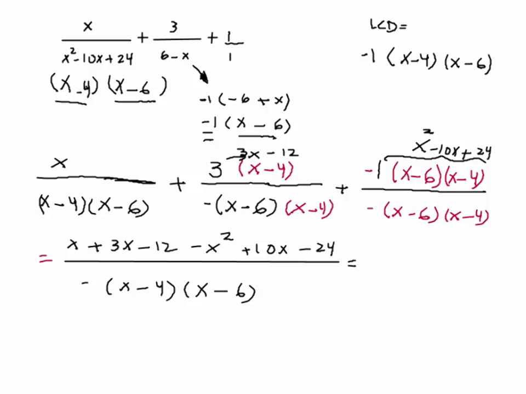Would it be negative x squared plus 14x minus 36? You just said 14x? Is that right? 14x? Yes. I think that'd be minus 36. You said minus 36? Yeah, at the end. So negative x squared plus 14x minus 36.